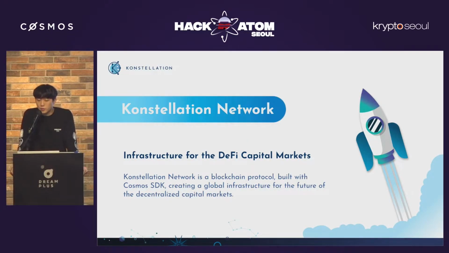So first, Konstellation Network. Konstellation mainnet is a layer 1 blockchain protocol developed with Cosmos SDK. Our vision is to create a global and scalable infrastructure for finance users and industry.